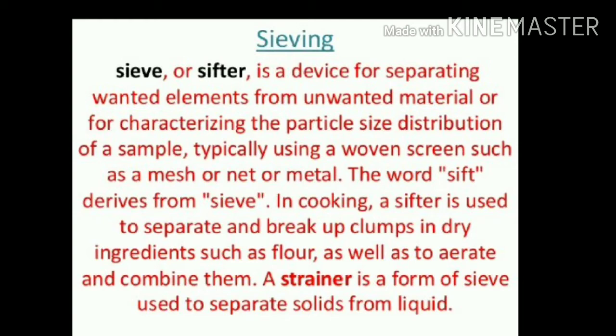The word sift derives from sieve, and in cooking a sifter could separate and break up the clumps in dry ingredients such as flour, as well as to aerate and combine them. A strainer is a form of sieve used to separate solid from liquid.